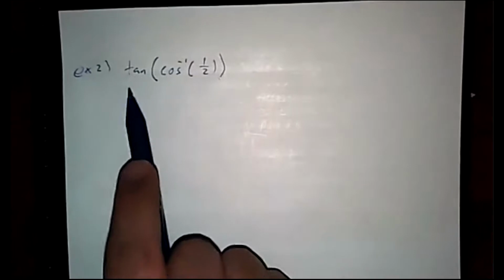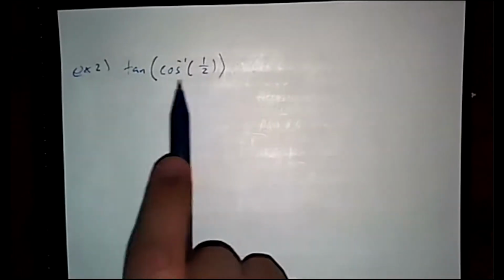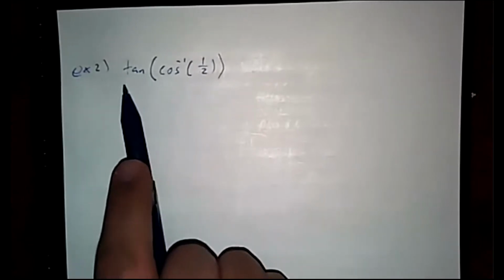Okay. So they're asking, what is tangent of cosine inverse of 1/2? So you build a triangle with the inside part, and then you give tangent.